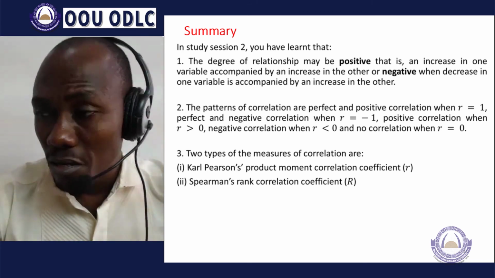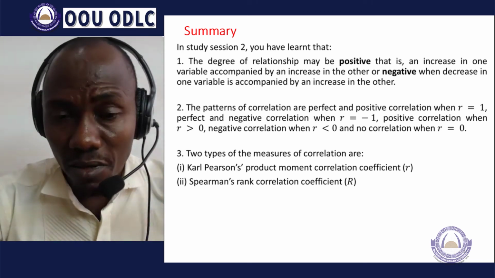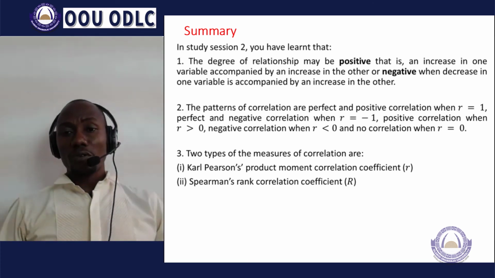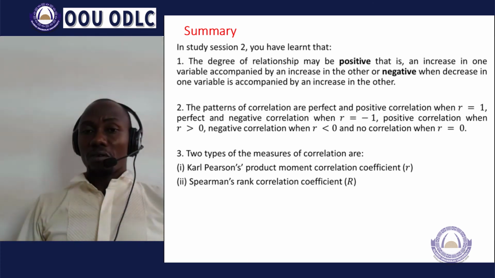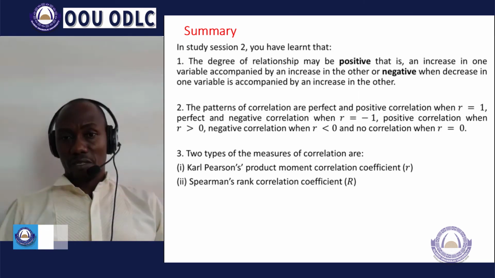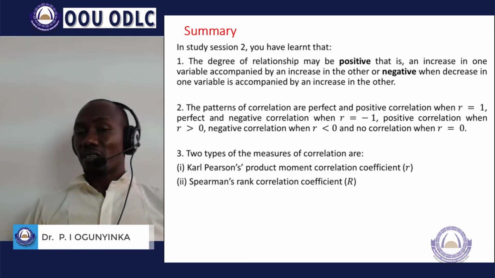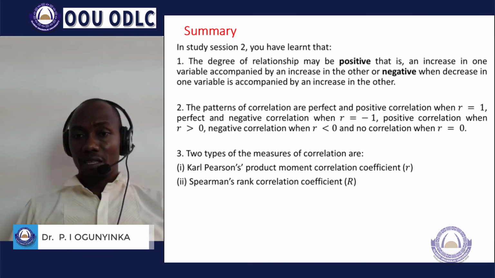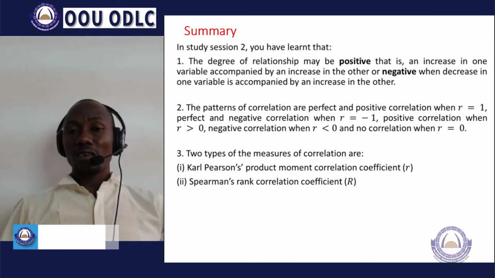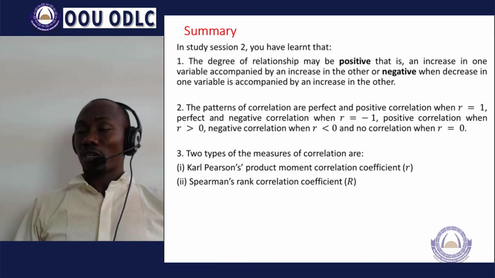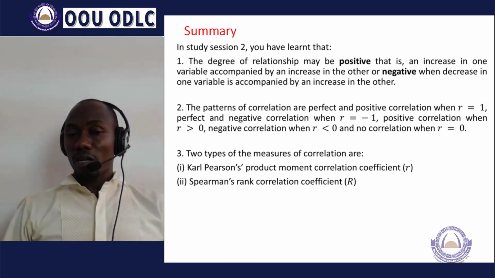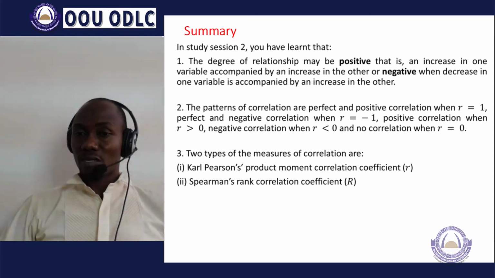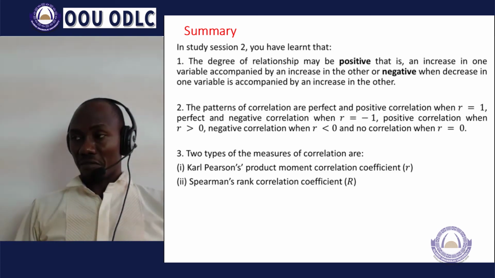A quick revision or summary of what we have done. We have looked at what a correlation coefficient is, which is the measure of association between two variables. The value of correlation is called the correlation coefficient, and it could be positive or negative.